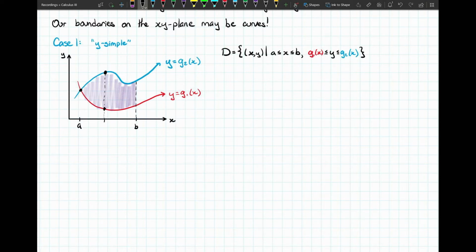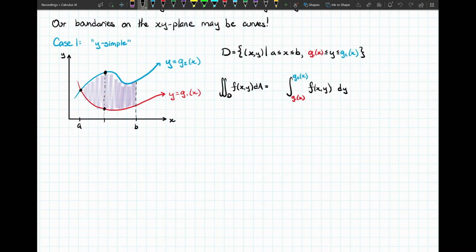Now, how do we actually turn a double integral into an iterated integral over this region? If this region is D and we want to look at the double integral of some function f of xy over D, then the first thing we're going to do is integrate this function with respect to y. We're going to integrate f of xy from g1 of x to g2 of x. Now the process here isn't really any different than iterated integrals over a rectangle.